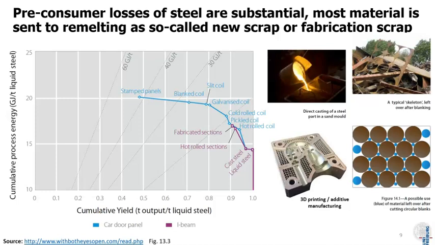You have for an I-beam used in buildings about 10% loss, and you have for a car door panel more than 50% loss, mostly due to the trimmings, but also losses in the rolling mill. So collecting the scrap and maybe finding better ways of manufacturing to reduce the scrap are main strategy to improve the material efficiency in using steel and also other metals.